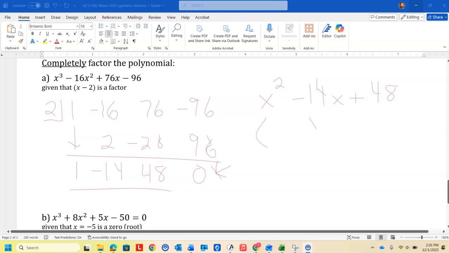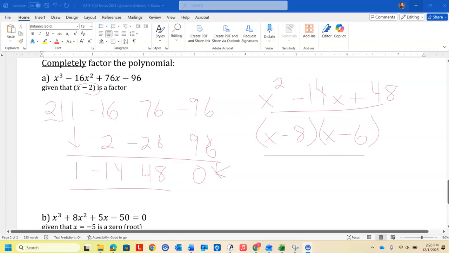Well, that would be two numbers that multiply to give you 48, and when you add them, you get negative 14. So they must both be negative, and what's that? 8 and 6. So this factored to x minus 8, x minus 6.